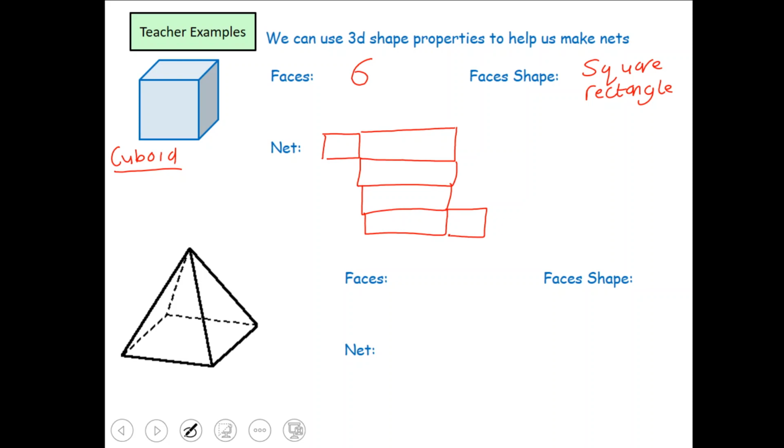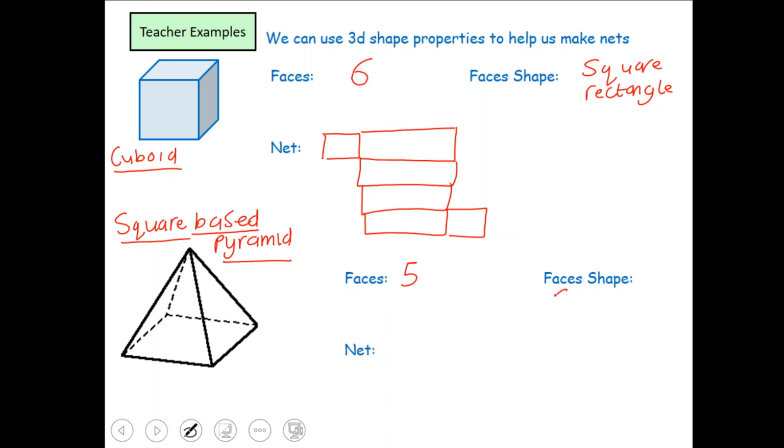Okay, this shape is a square based pyramid. How many faces does this shape have? It has 5 faces. And what are the shapes of the faces?